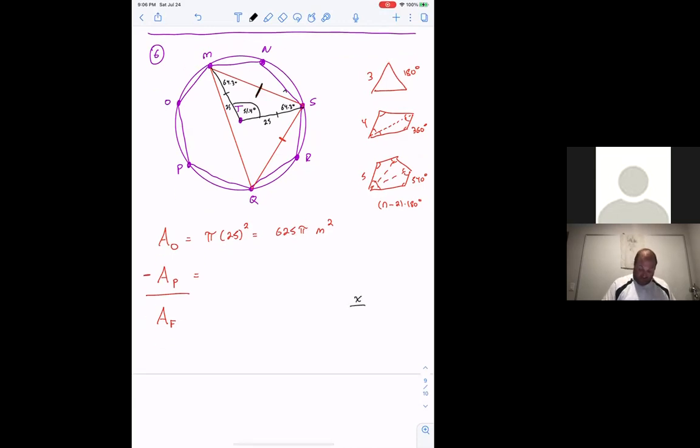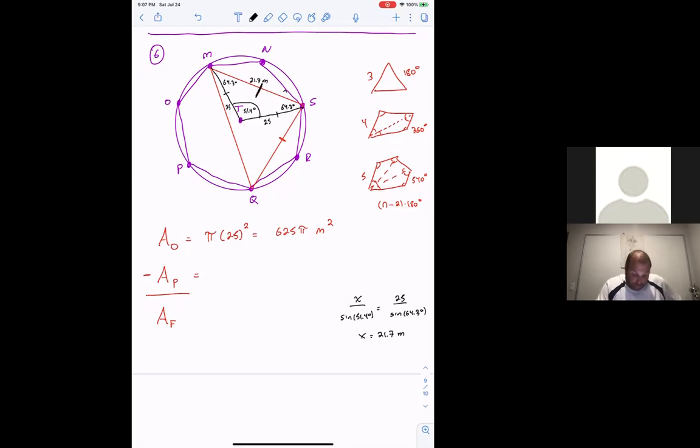I'll say x over sine of 51.4 degrees equals 25 over sine of 64.3 degrees. So sine of that number times 25 divided by sine of that number gives me that x is equal to 21.7 meters.